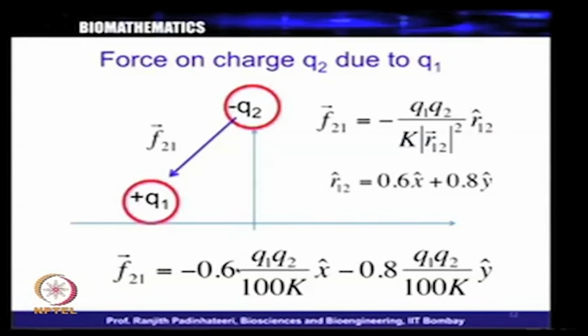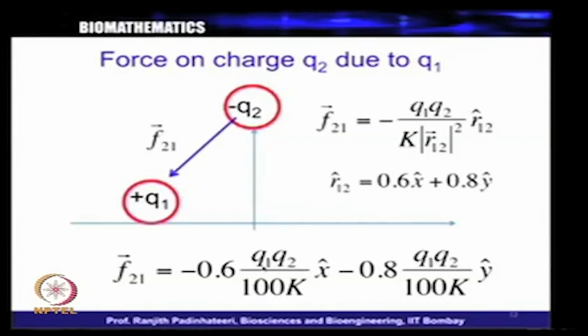Now, what does this mean? F21 has some x component and some y component. This means that Q2 will feel some force of this amount.